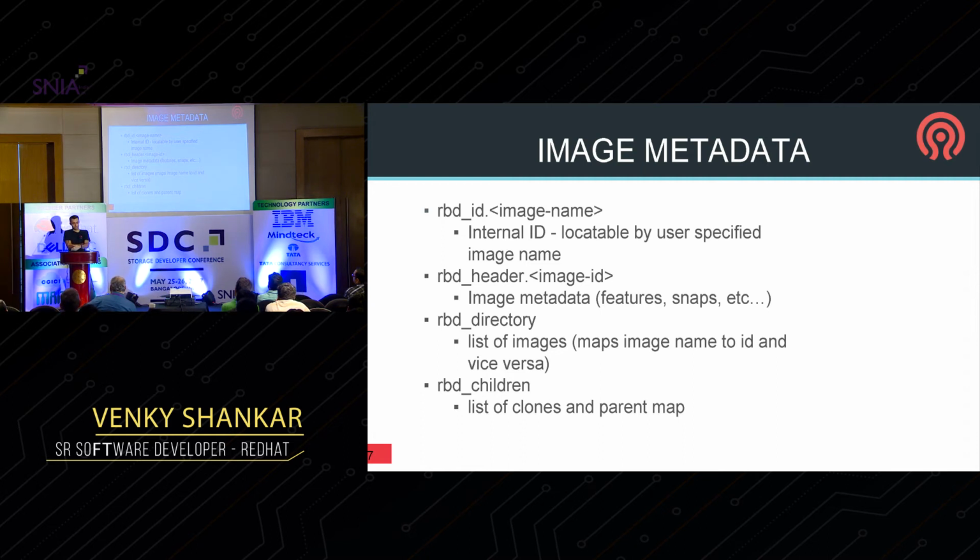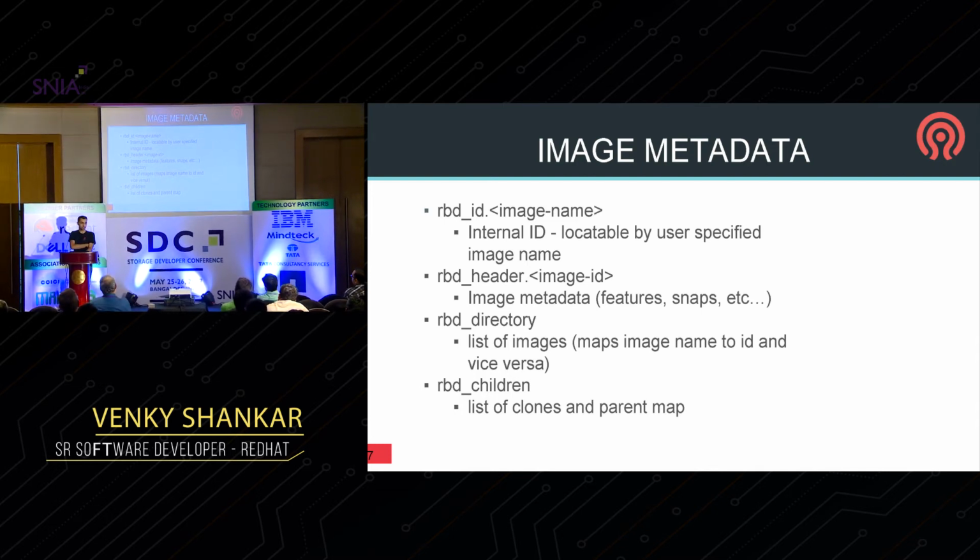So you normally work with the image name, but internally we work with image IDs. When you provide an image name to a librbd API, say to write or open an image, it's converted into an image ID by looking up the rbd_id.image_name object, which stores the image ID.